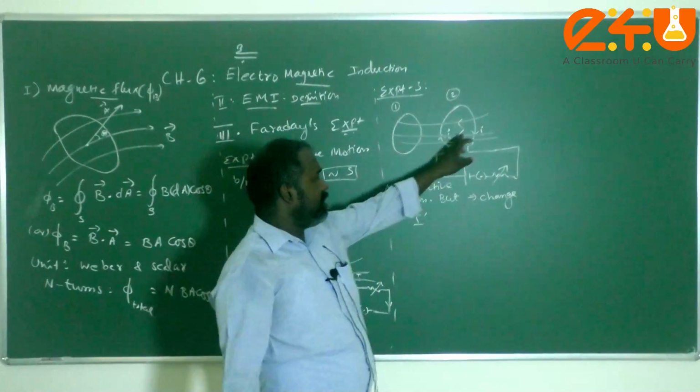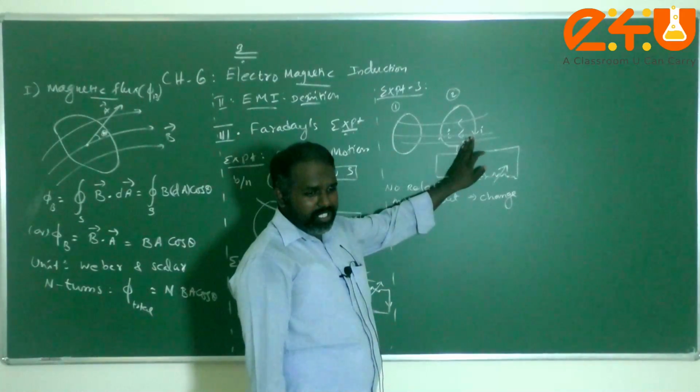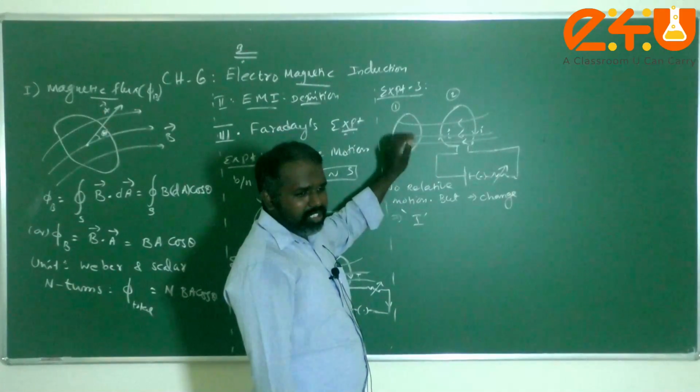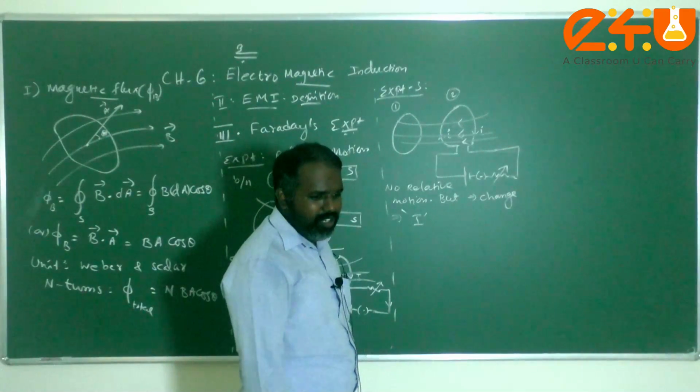Due to that, when the current changes, the magnetic field will change, and the magnetic flux linked with this coil also will change, which results in the induced EMF or current.